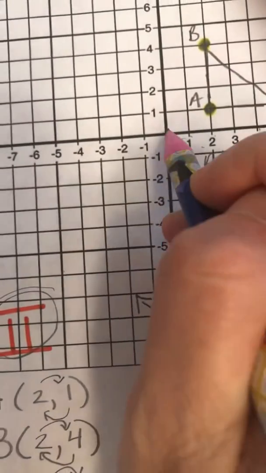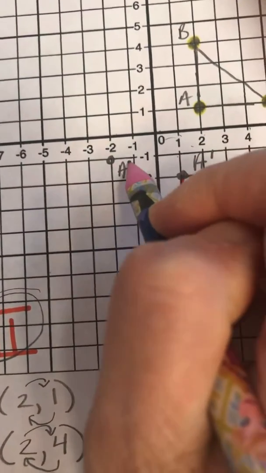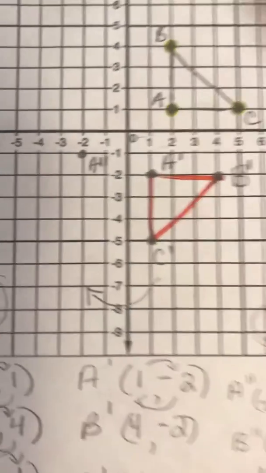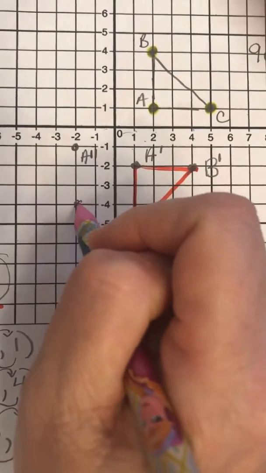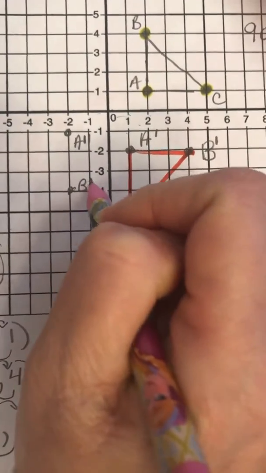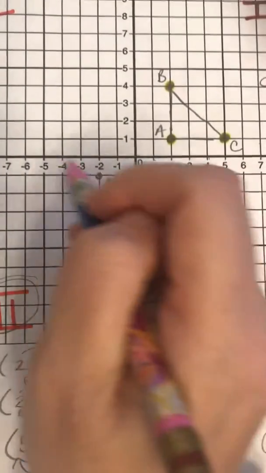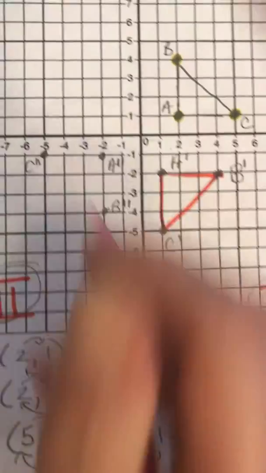So A is (-2, -1). That's a double prime because it's the second time I transform something. B is (-2, -4). That's a double prime. And then C is (-5, -1). And that's a double prime.